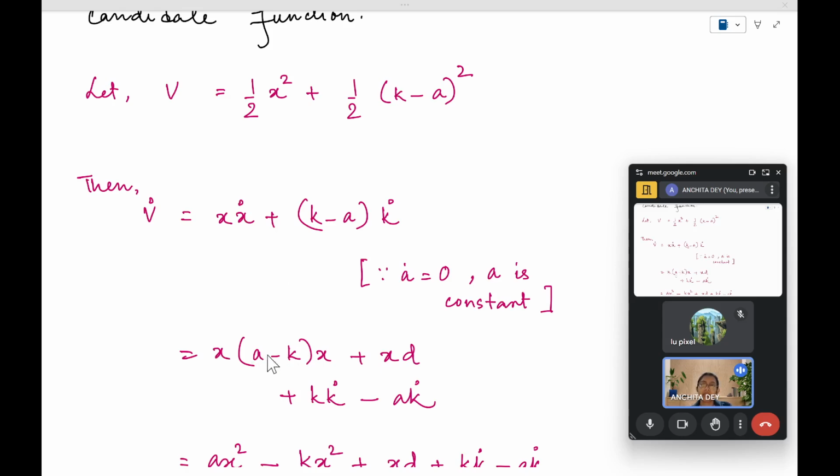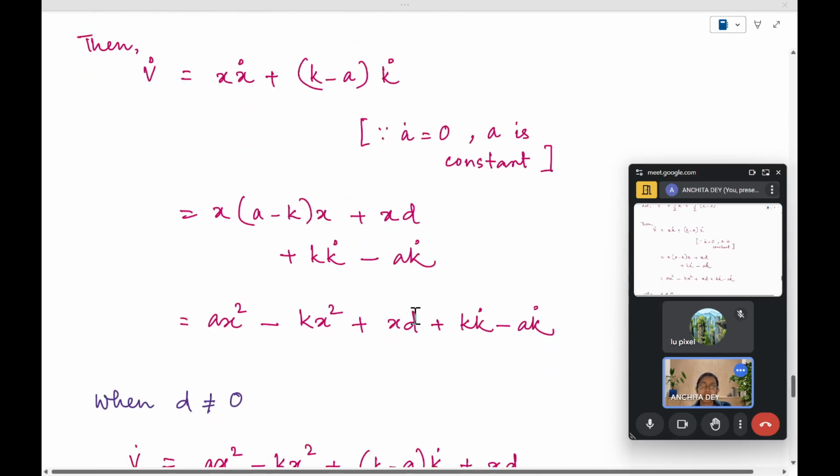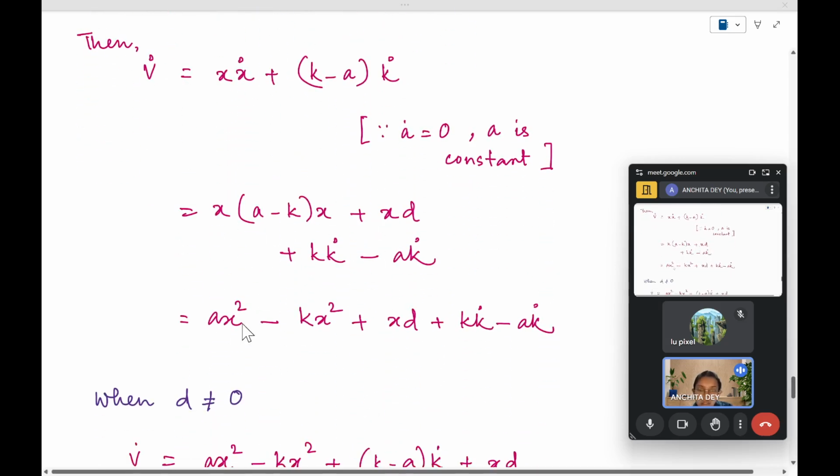So we have x into (a minus kx) plus x into d, and then we have k dot minus a k dot. Now if we expand it, we just get ax square minus kx square plus xd plus k into k dot minus a into k dot.